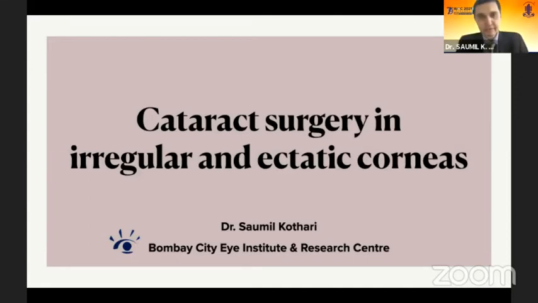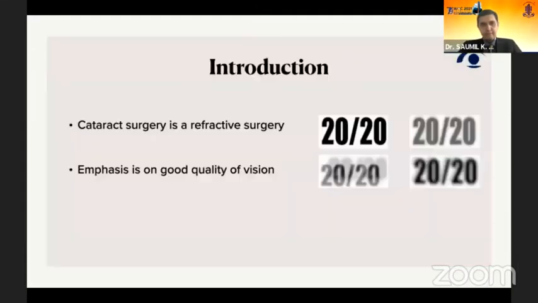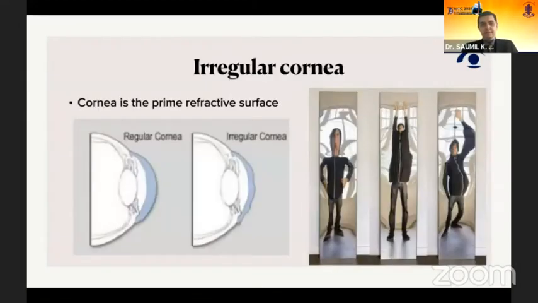Right. So cataract surgery in irregular and ectatic corneas is what I'm going to speak about. And cataract surgery today, as we all know, is a refractive surgery, and the emphasis is always going to be on good quality of vision. And Dr. Vaishal has, of course, spoken extensively about what quality of vision means in terms of aberrations.